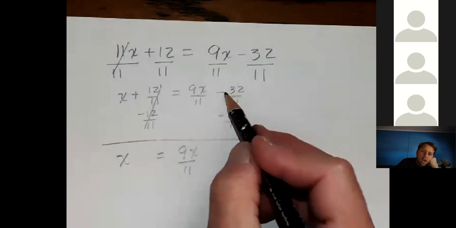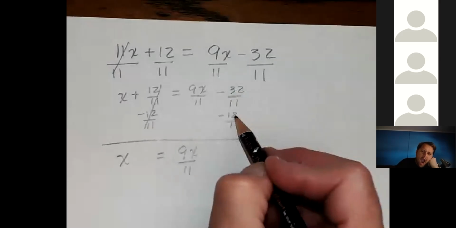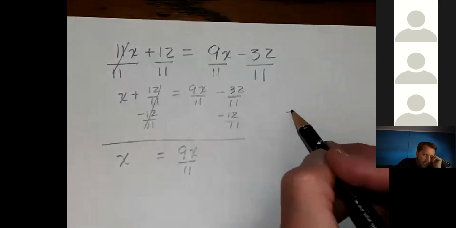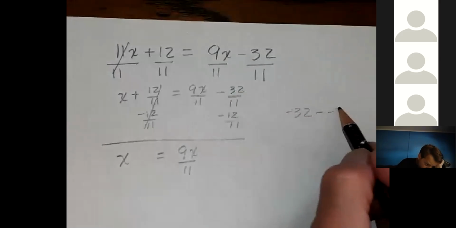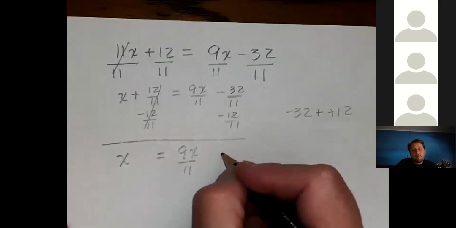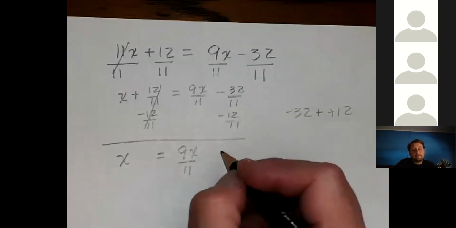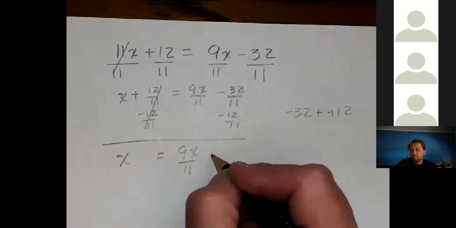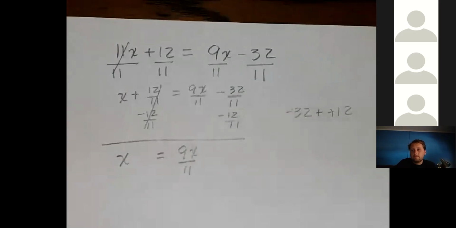No, because a negative subtract a negative is like a positive. Oh wait, you're right. We add it, so we get negative 22. Now wait a minute. Let me see what we get. 32 minus 12. No, it's going to be negative 44.